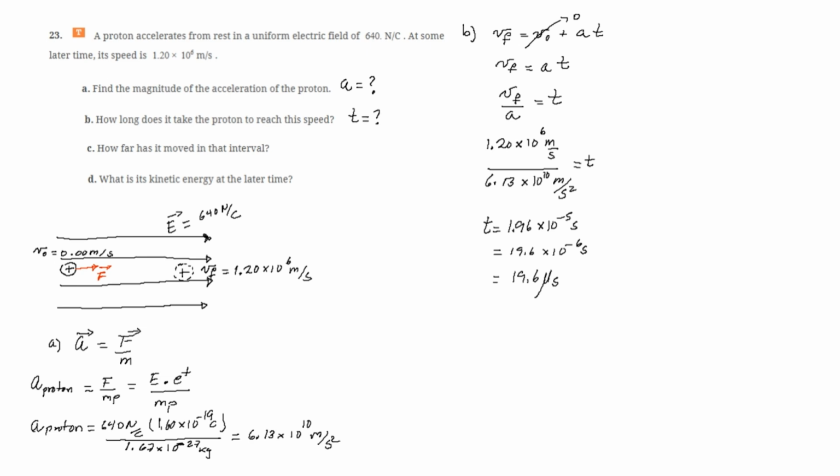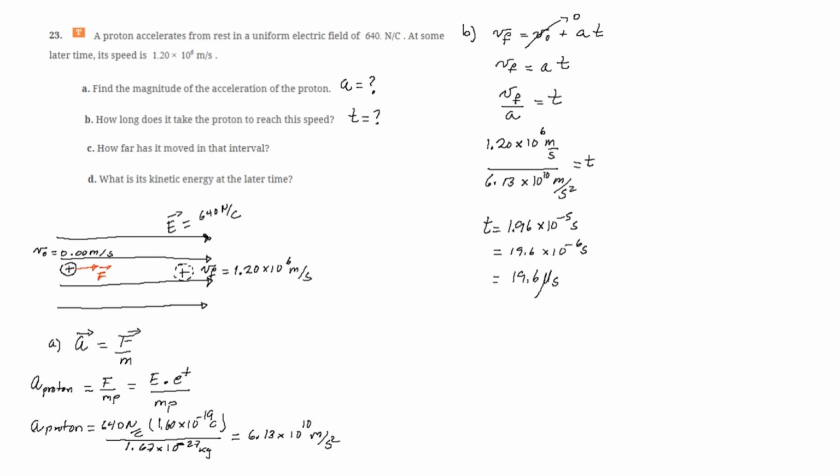So the time it takes the proton to go from speed 0 to speed 1.20 times 10 to the 6 meters per second when released in this electric field is 19.6 meters per second. Sorry, 19.6 microseconds.